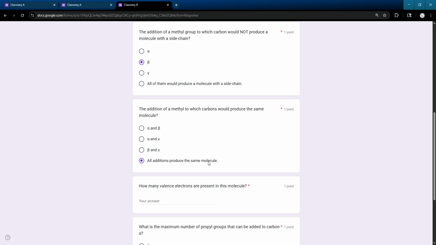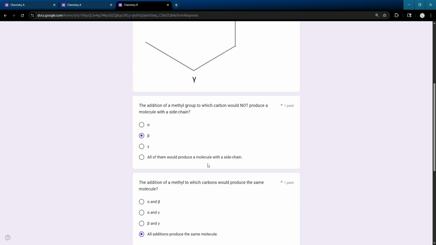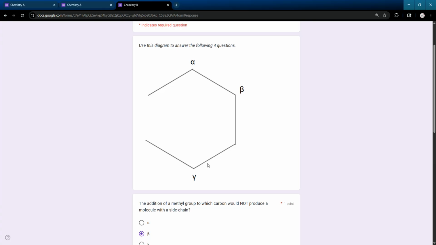All of them, I think, should produce the same molecule. Like if it goes here, it's identical. If it goes here, then it's identical.